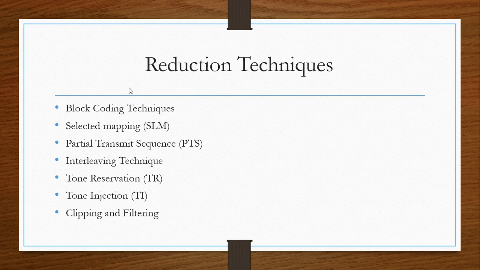The clipping and filtering technique is effective in removing components of the expanded spectrum. Although filtering can decrease the spectrum growth, filtering after clipping can reduce the out-of-band radiation but may also cause some peak regrowth, where the peak signal exceeds the clip level.